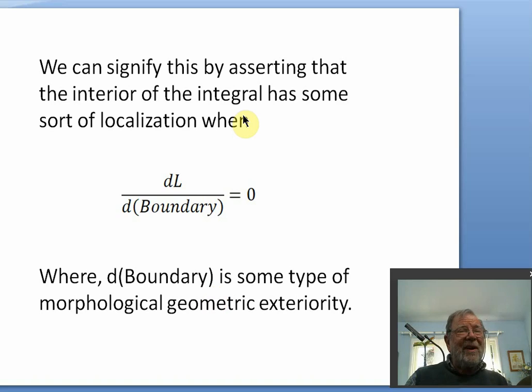We can signify this by asserting that the interior of the integral has some sort of localization when the rate of change of localization by some change in boundary equals 0, where the boundary is some type of morphological geometric exteriority. That's a mouthful.